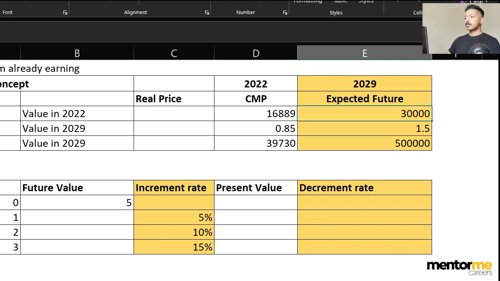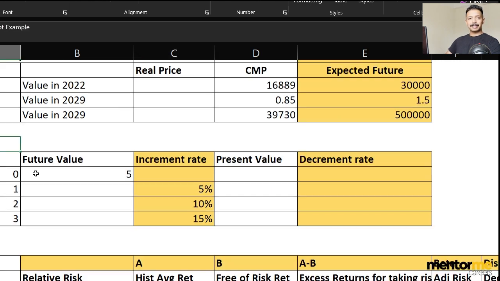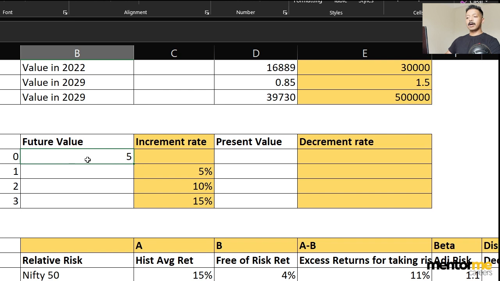So for example, let's say my other assets are already generating a return of 15%. Now, how does this work? In order to explain discounting, how do I get the real price today? You have to understand the concept with an example. Let's say today we have 5 rupees, and that 5 rupees increases by this increment rate.